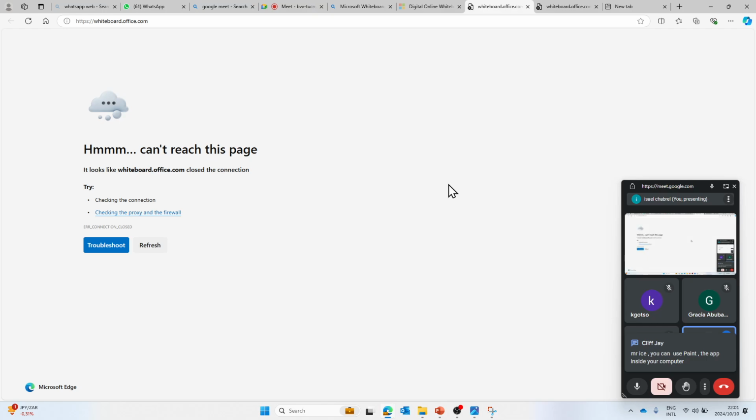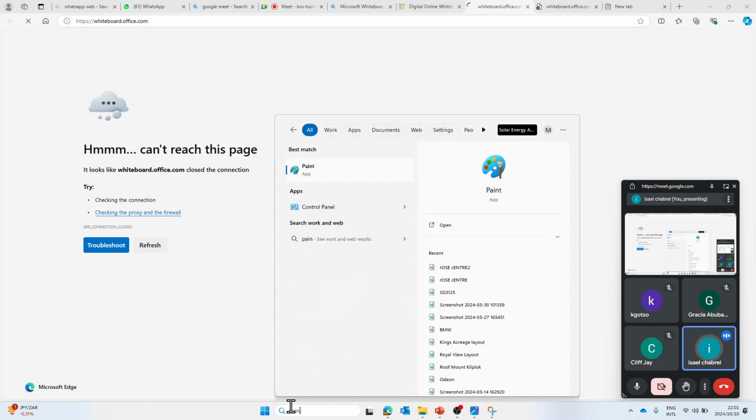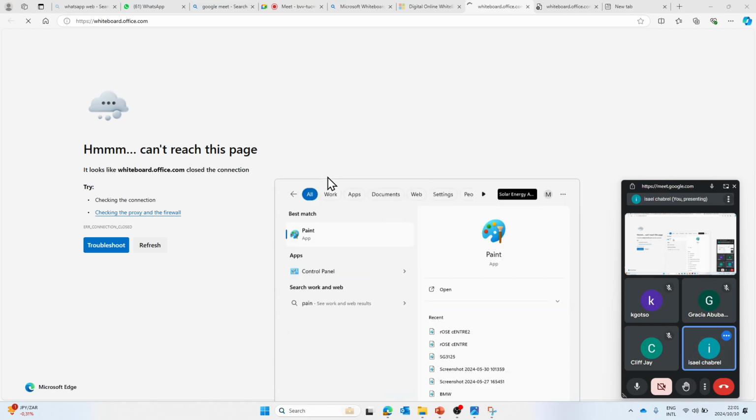You can use Paint, the app inside your computer. Okay, thank you, my brother. Let me check Paint. We never know. You see, Mr. Clifford, you have a solution. Thank you, my brother. We're using Paint. Mr. Kozo, solution is here.